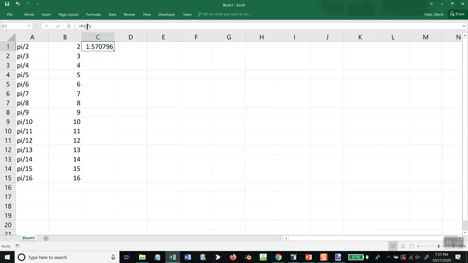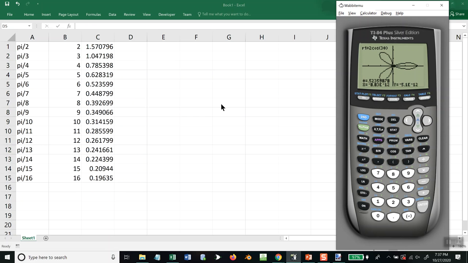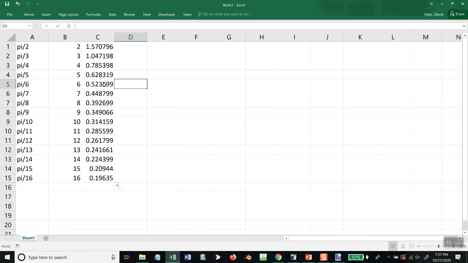Okay, B1. So the value that we see on our trace here is 0.52, and so forth, which is pi over 6, isn't it?